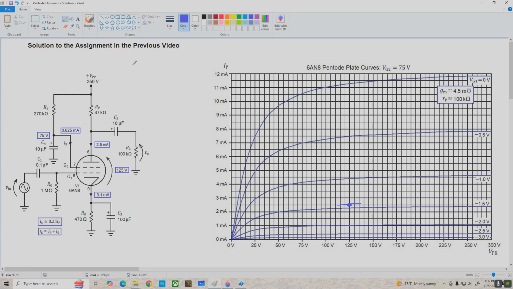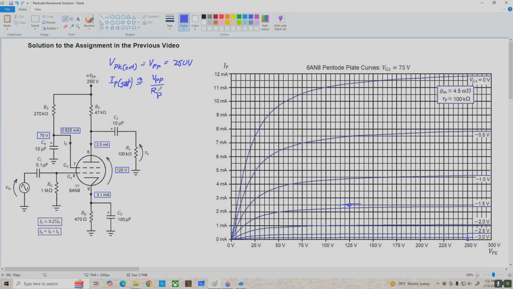Let's start with our DC load line and VPK cutoff, which is VPP. That's 250 volts. Let's mark that point right here. And then IP SAT, which is going to be approximately VPP over RP.